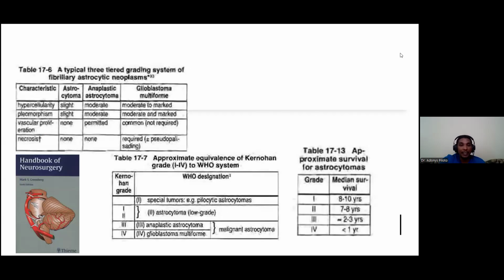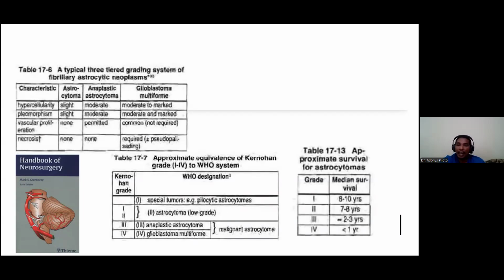This is a screenshot from Greenberg in 2006. I was in residency at that moment. That was basically the classification that was discussed already for glioma, that I think most of my generation use as a simple classification.